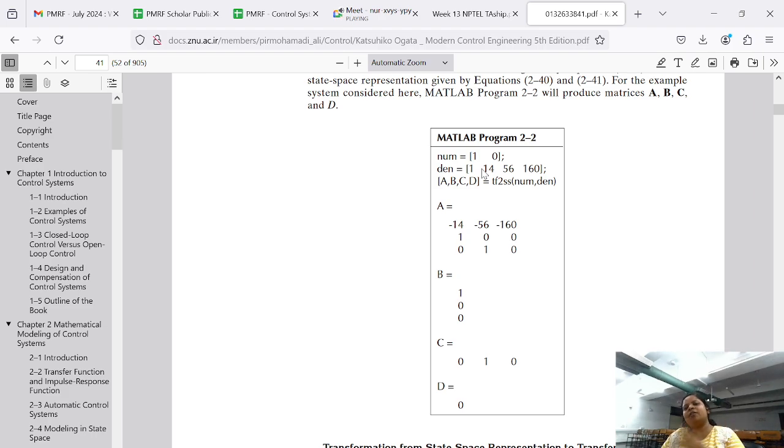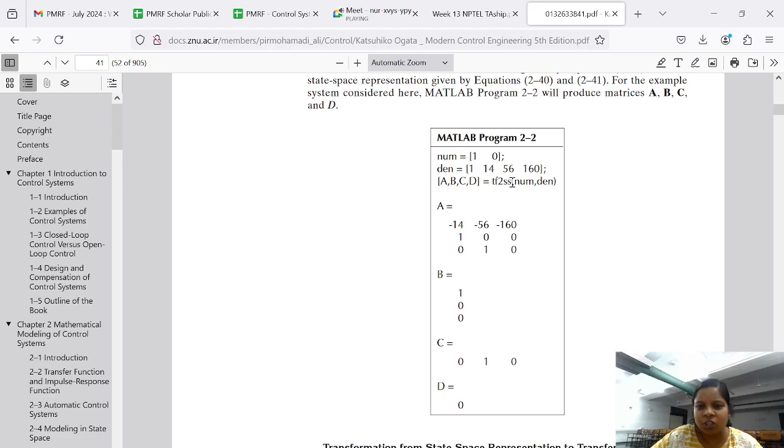Let's say you have a second order differential equation already available with you. You can convert it into two first order differential equations. So the state space representations really help you in doing them. A, B, C, D are the state, input, output matrices and so on. They can be obtained by calling the function tf2ss.